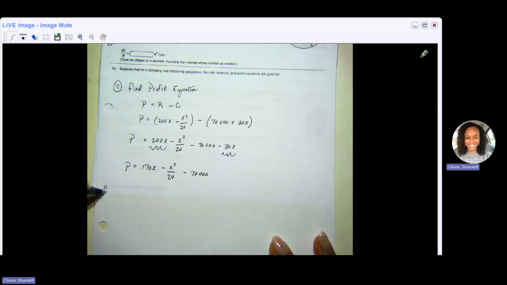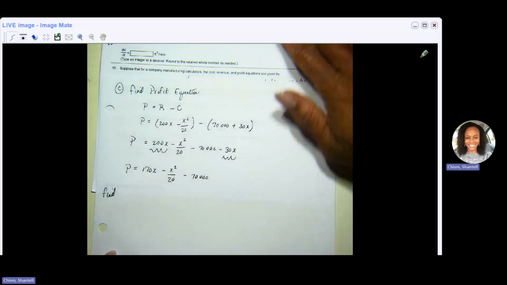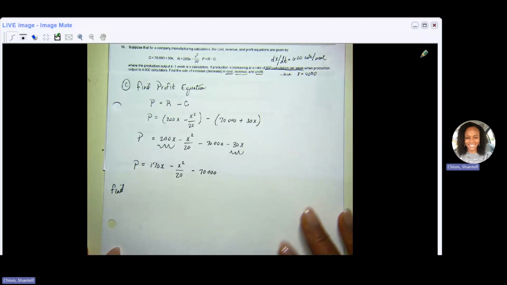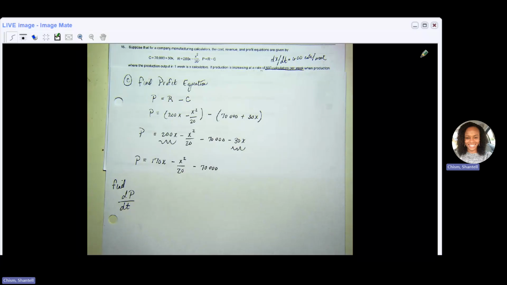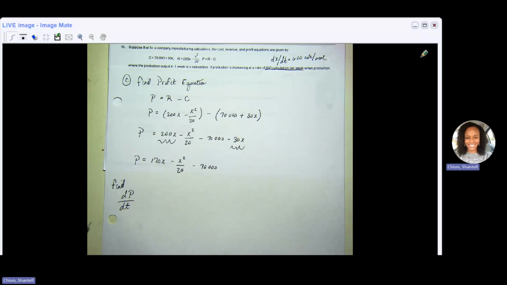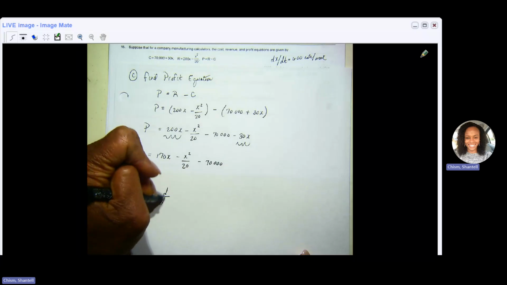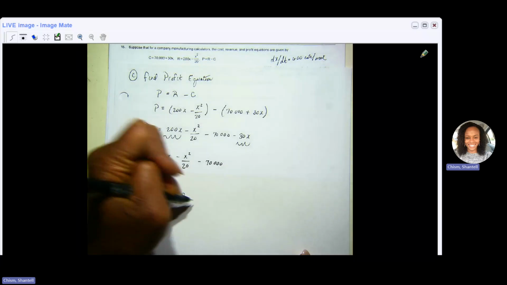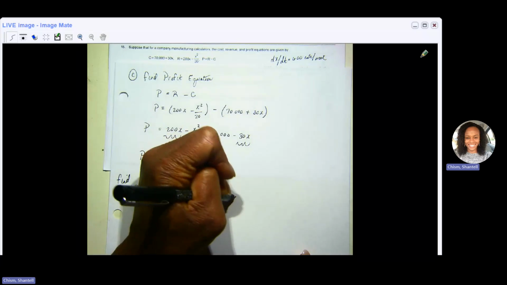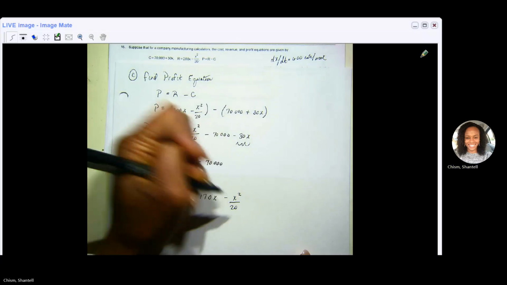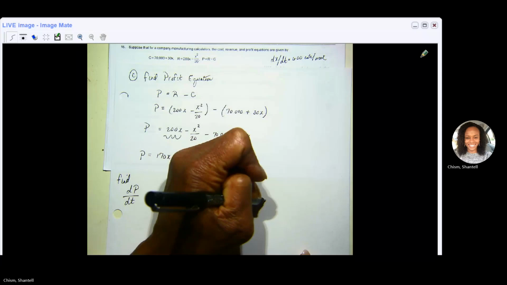So we want to find, finally, now that we can, the derivative of the profit, or the rate of change of the profit with respect to time. How it's increasing or decreasing, we want to know. So I want to find dP over dt, and I'm taking the derivative of the profit function with respect to time t. So P equals 170x minus x squared over 20 minus 70,000.